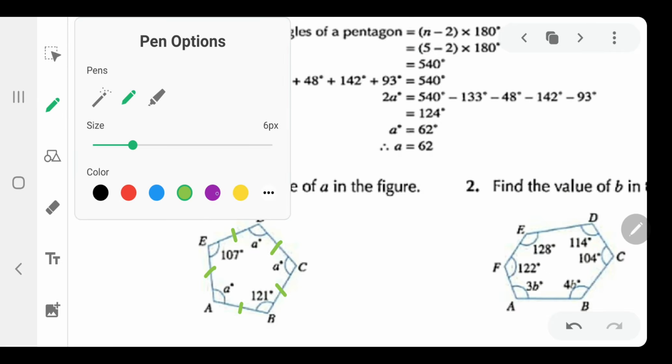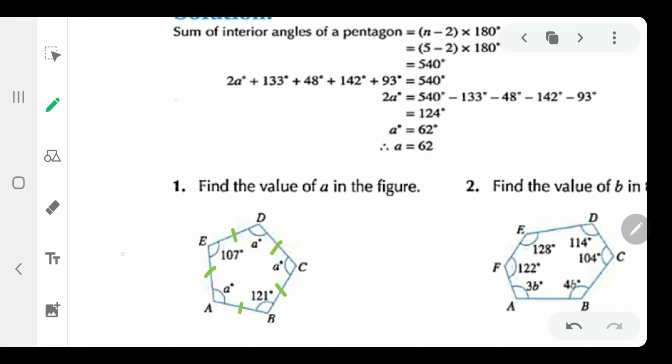So what should I write now? This becomes A plus A, this becomes 2A, plus 107 degree, again we have 3A, so we call it 3A, not 2, because we have 3A. So we say that 3A plus 107 plus 121 degree, which is equal to 540, because it is a pentagon, the sum is 540.